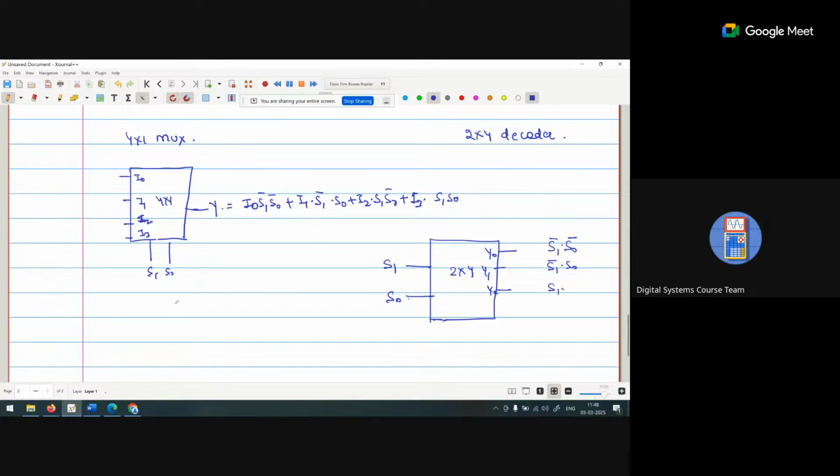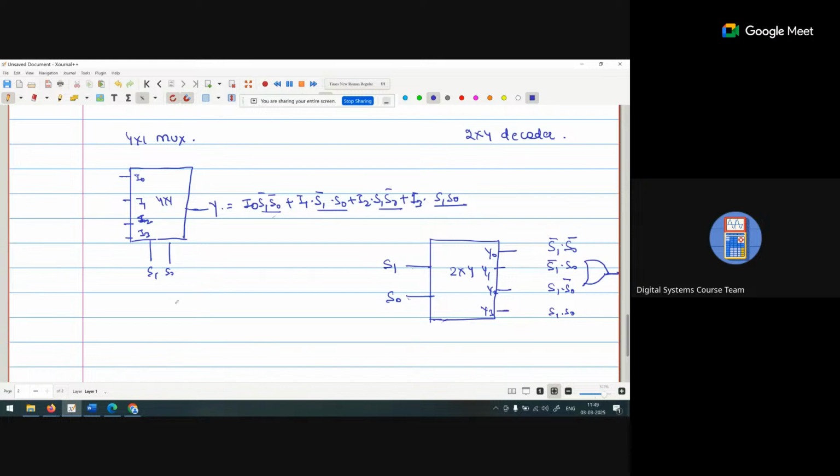Y2 is when S1 and S0 bar. And Y3 is when S1 and S0. If I directly use an OR gate, we will add this data, this one, this one, and this one, but this data should be added after multiplying with the inputs I0, I1, I2, and I3.